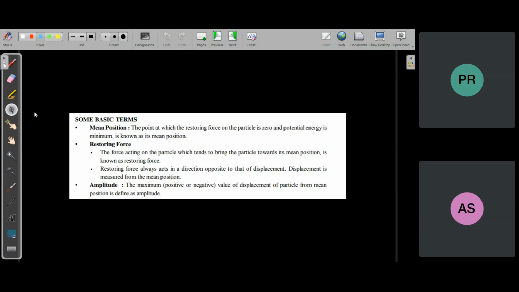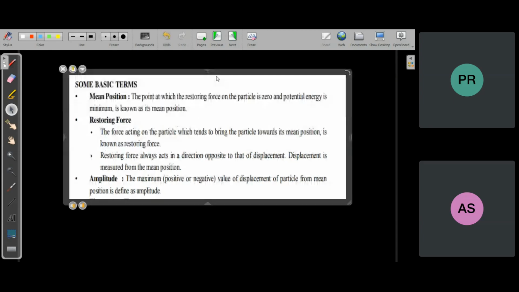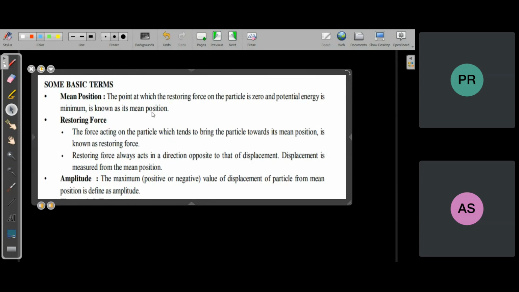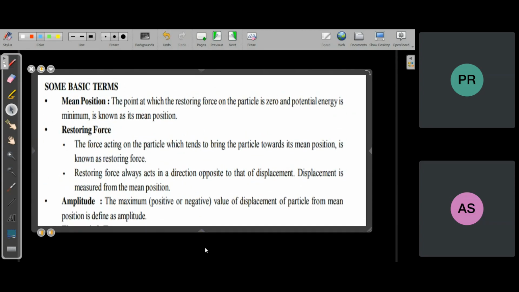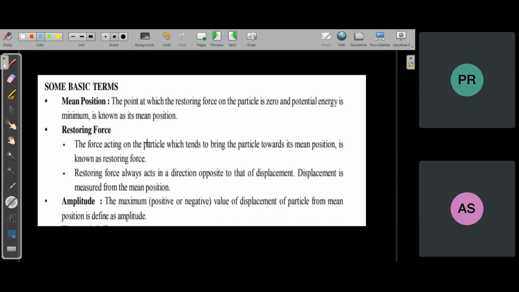Now, these are some of the basic points which you already know. Mean position is the position where the net force on the particle is zero, or you can also say that the potential energy is minimum. Here you have to understand that SHM takes place about the mean position, and the mean position must be a position of stable equilibrium, not unstable equilibrium.